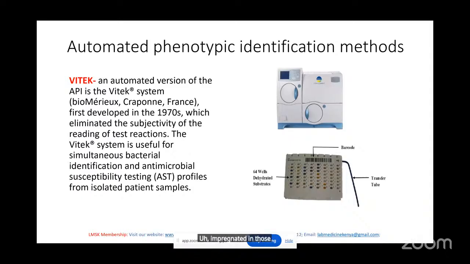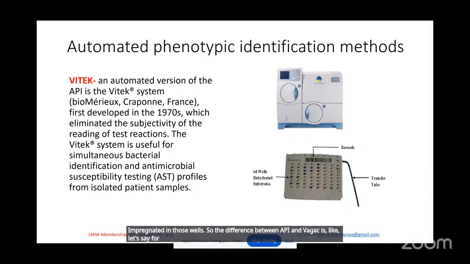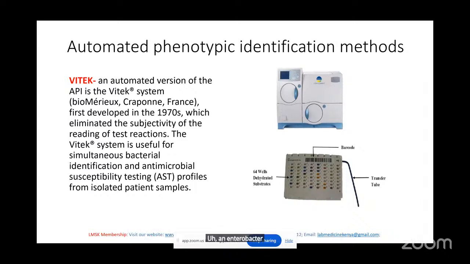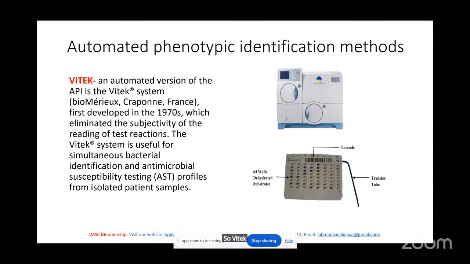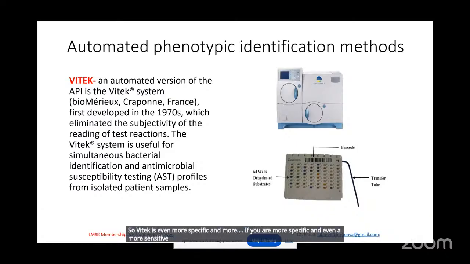So the difference between API and Vitek is, let's say you want to identify an Enterobacteriaceae using Vitek, you'll have 64 biochemical tests compared to the 20 biochemical tests for API. So Vitek gives even more specific and more sensitive results because it has 64 biochemical tests.